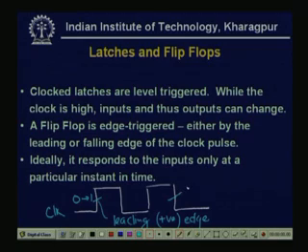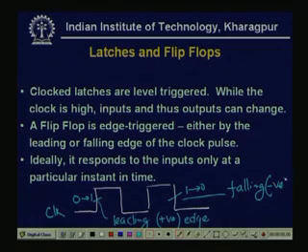Here this becomes 1 to 0. This we call the falling edge or negative edge triggered. Now, ideally it responds to the inputs only at a particular instant of time.